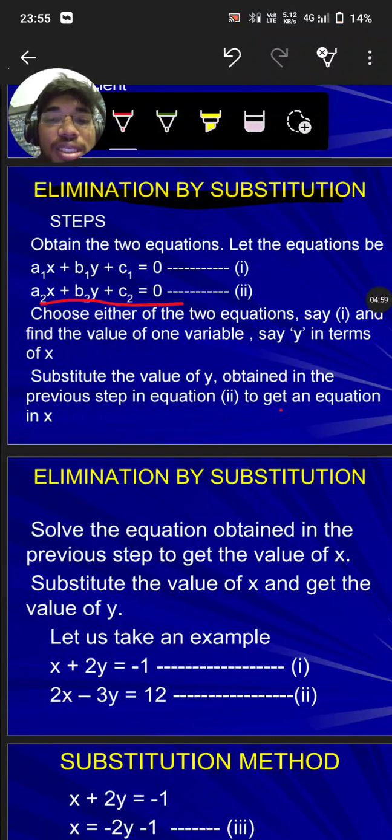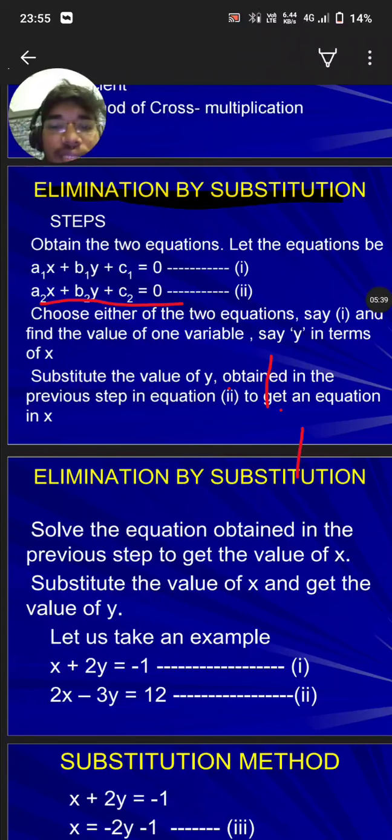Keeping y as the subject, we write the equation for y in terms of x, and substitute it in equation 2, then we get the answers for x and y respectively. This is elimination by substitution. It takes some time to analyze, so it is a very underrated method.